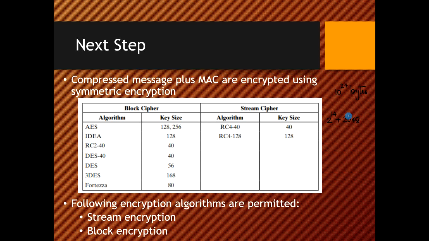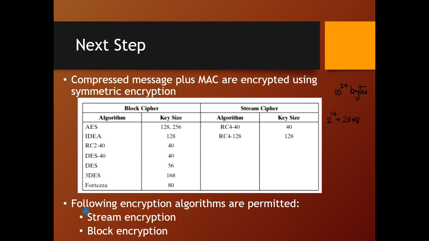Now we can use different algorithms, and mainly we focus on two: we can perform the encryption using stream encryption, or we can perform encryption using block encryption. You can see the various block encryption methods and stream cipher methods specified here.